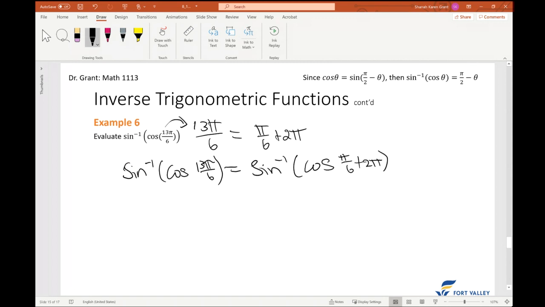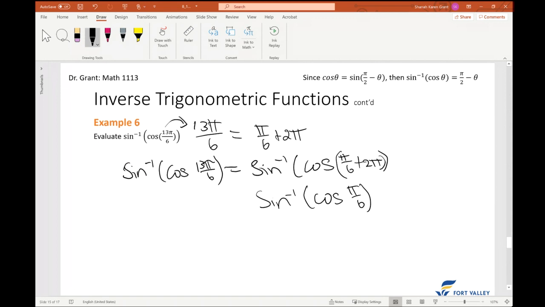And so at this point, notice that this angle is pi over 6 plus a complete revolution, because 2 pi is a complete revolution, right? And so we can actually just look at cosine of pi over 6, right?